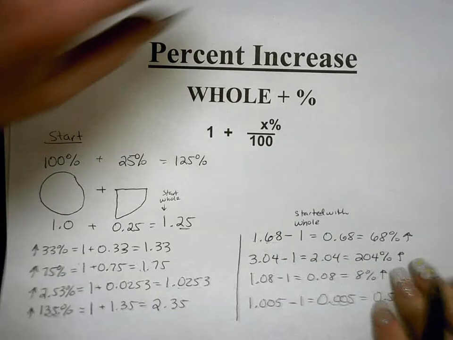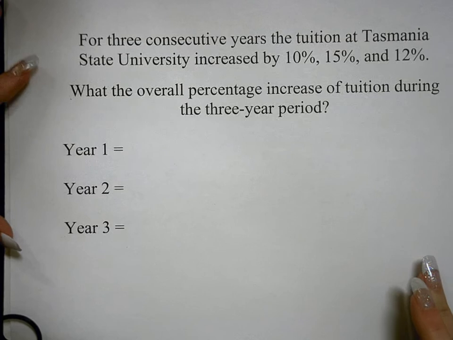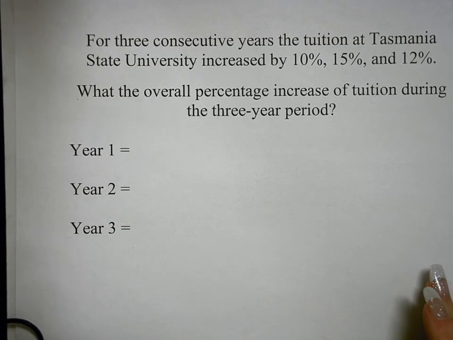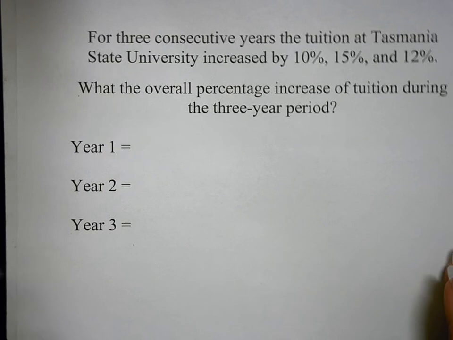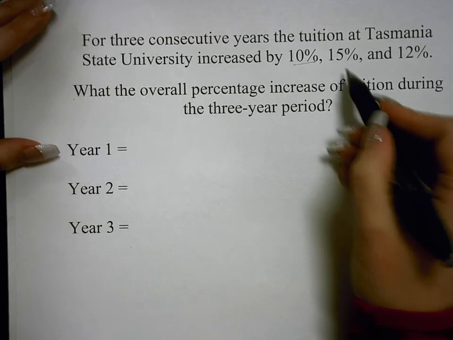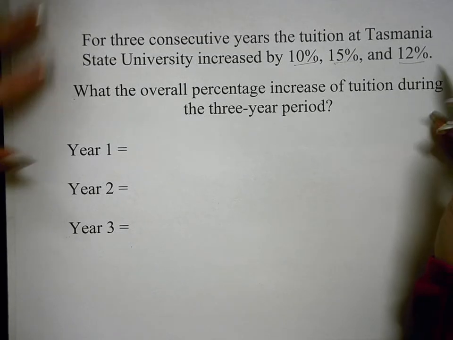Now let's look at a particular example. For 3 consecutive years, the tuition at Tasmania State University has increased by 10% the first year, 15% the second year, and 12% the third year.